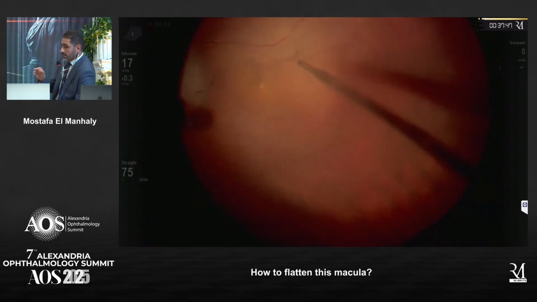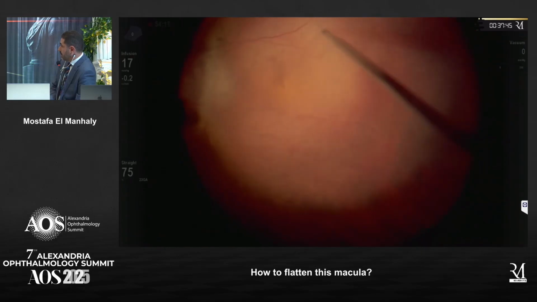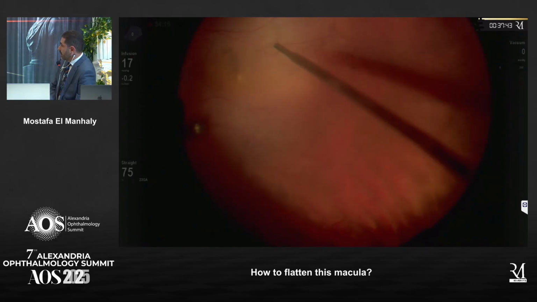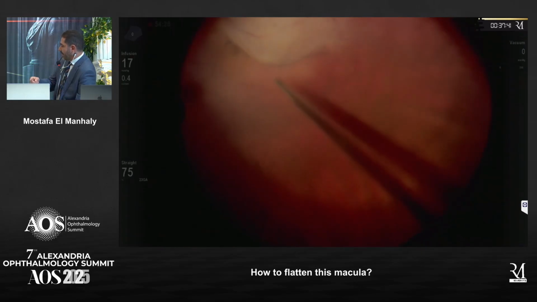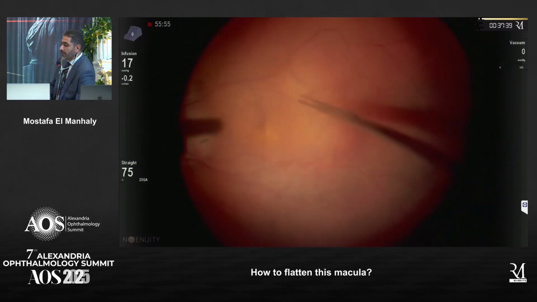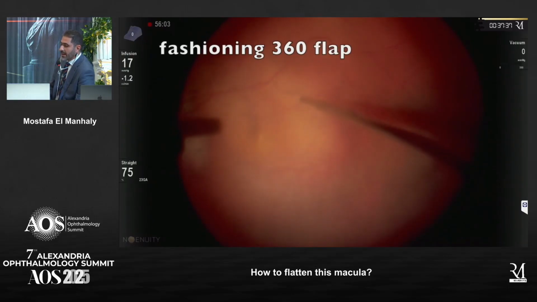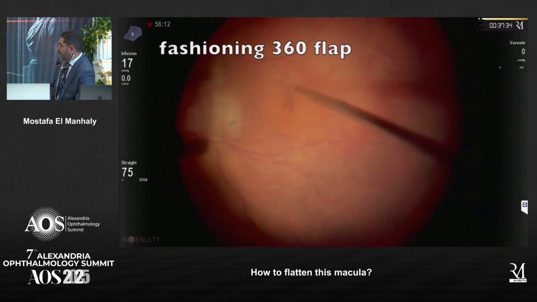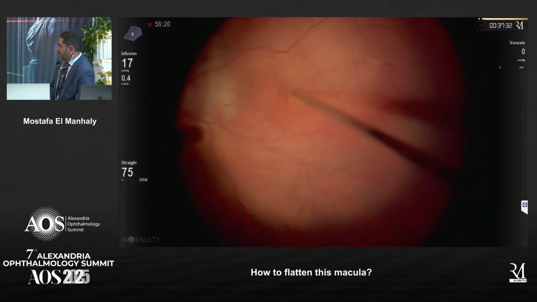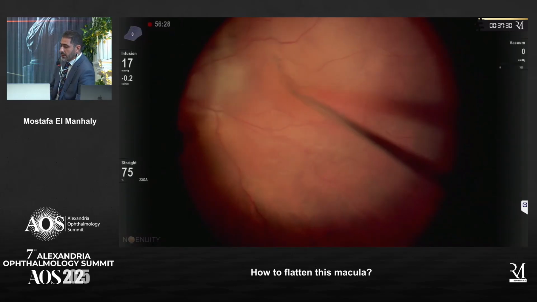Macular, okay. So I would go also for a multi-layer flap. I have removed all the premacular and did a 360 peel, but I think the ILM in these cases is fragile, so we have to preserve it.